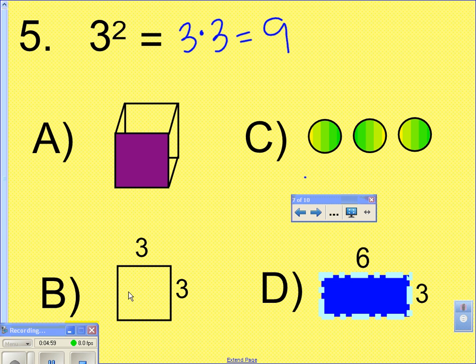Do any of these have 9 individual circles? No, they do not. A just has 1 cube, and for D, if you multiply those two, you would get 18. So A and D are out. C is out because it just has 3 circles. You would need 9. So B is the best answer for this representation. It has 3 times 3 to get the answer of 9.